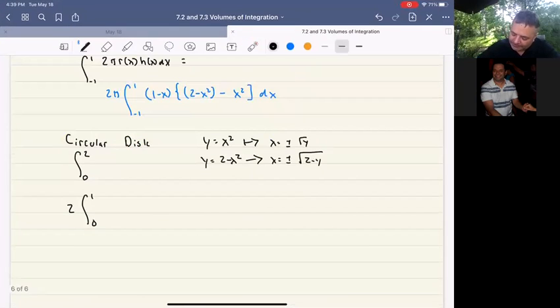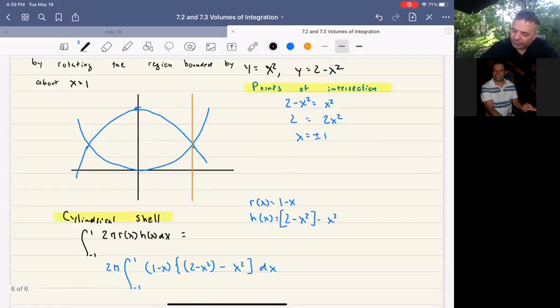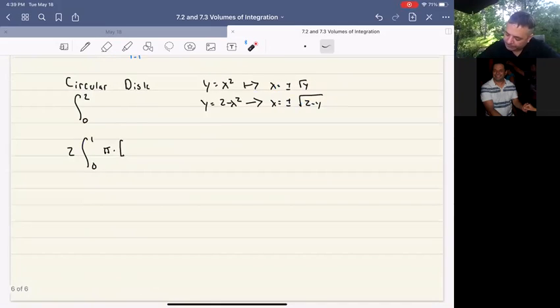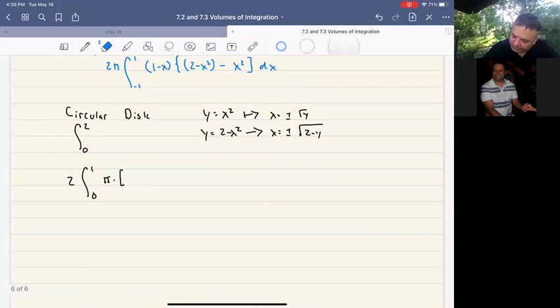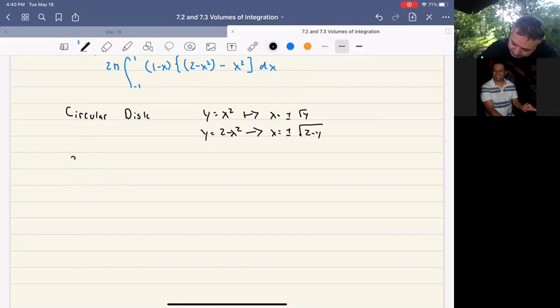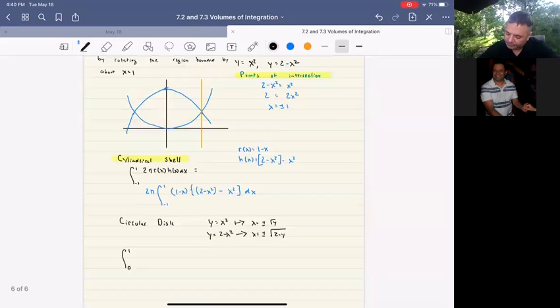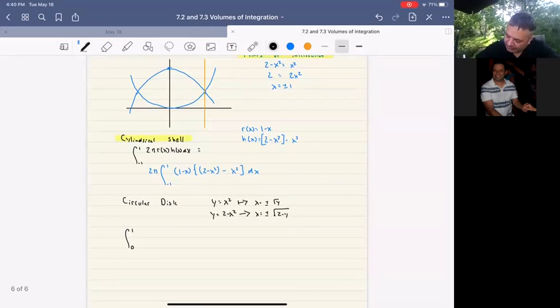So we're going to get pi times, remember we're rotating about this axis, so it's going to be r out minus r in. Looks like I'm going to have to set it up as 2 integrals anyways. So from 0 to 1, well, let me draw it.